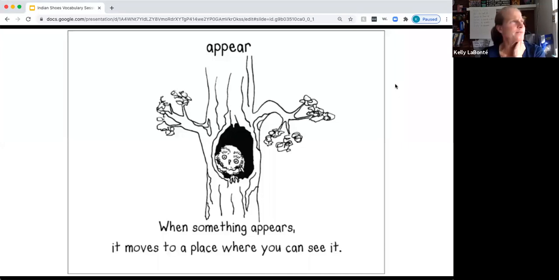Let's try another one. The sun comes up from behind the clouds. Does it go with appear? Why or why not? Turn and talk to someone.